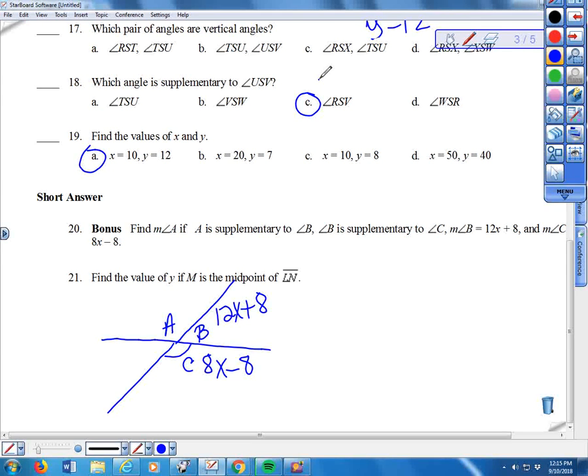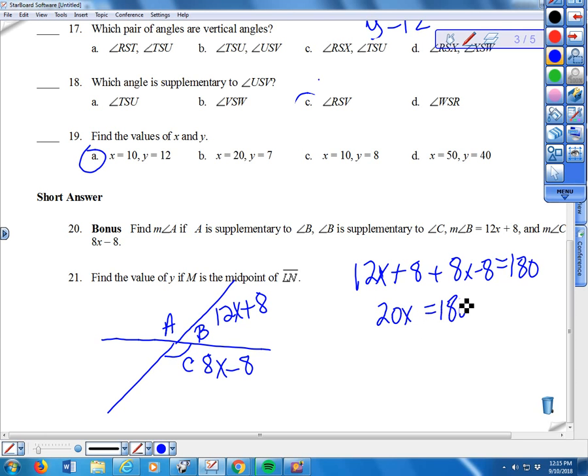Okay, see if that worked. Plus 8x minus 8 equals 180. Combine like terms. And what does x equal? 9.